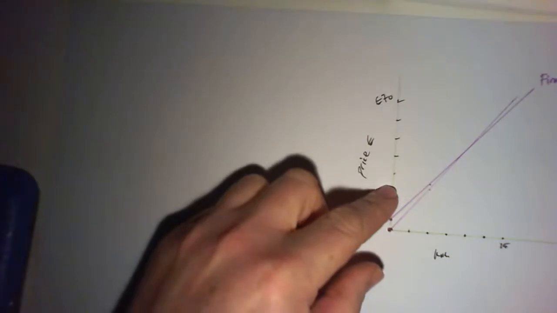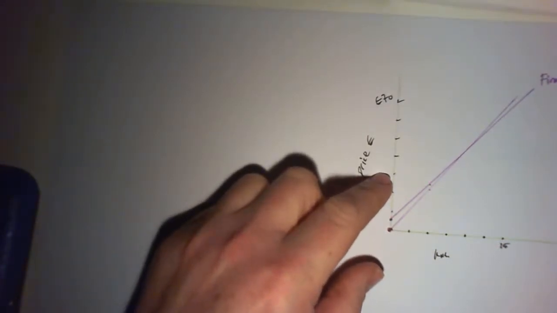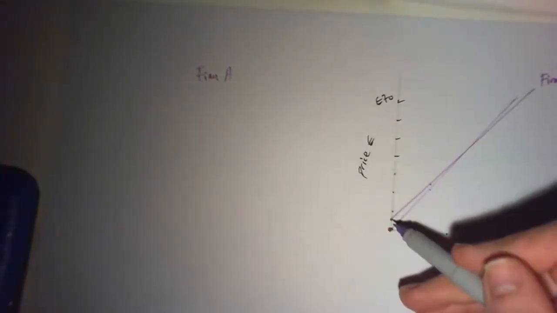Now I suppose the question becomes, we have to do some type of equation-y situation. So let's get the slope of A. Let's deal with firm A. We have points on the line.